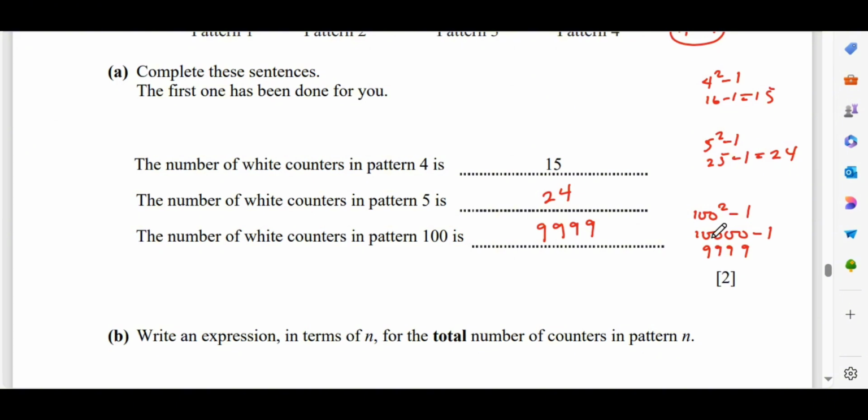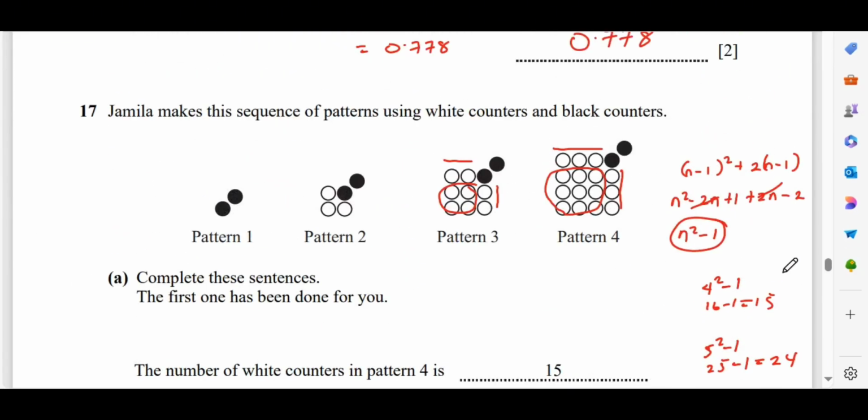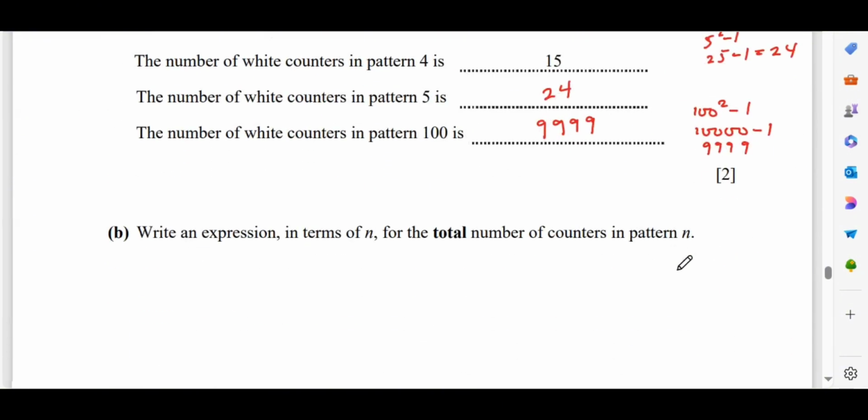Now they ask us to find the nth term, which we have already done. We can do that again. Let's write it out. That will give us (n minus 1) square plus 2 into (n minus 1). Let's do it gradually: (n minus 1) into (n minus 1) plus 2n minus 2.